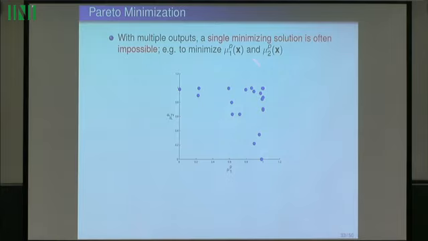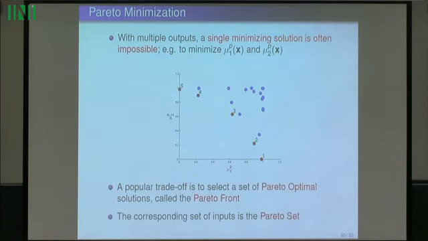So that leaves me with just 5 points which are not dominated by any other point, and that is my Pareto front, and the x's are what I want to get at. The x's that correspond to those outputs are my Pareto set. That's what I want.